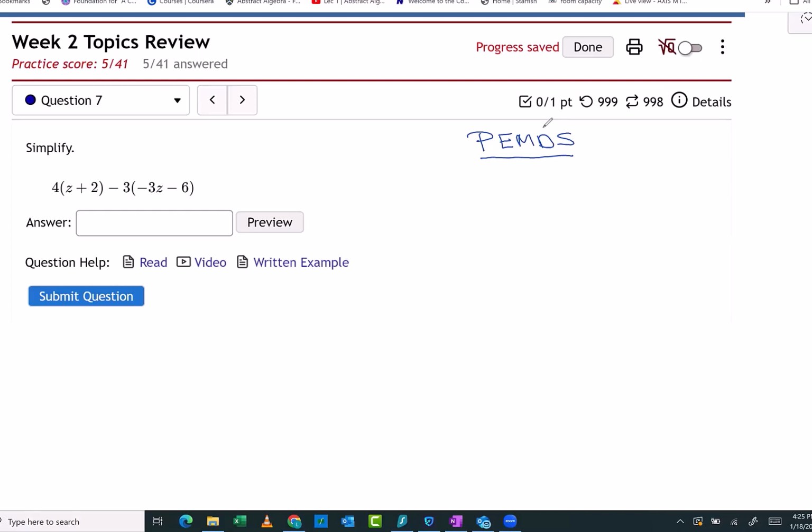I can't do anything with that. So P's are done because I can't do anything inside the parentheses. I have no exponents. I am now here to multiplication and division. They are the same operation. We don't do one before the other. We go from left to right. I have no division, so I don't even have to worry about it for this problem.